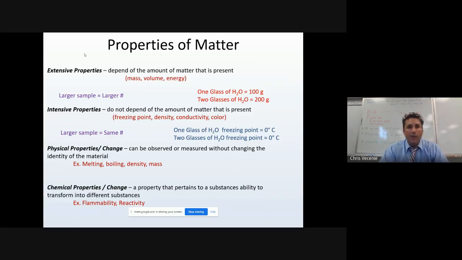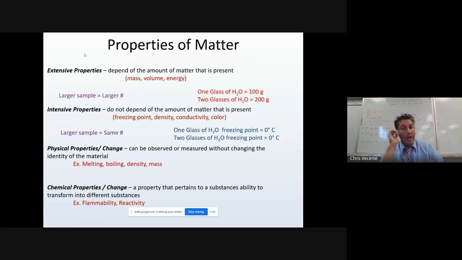For instance, if I gave you a piece of paper and said go record its mass, and you put it on the balance, you would get some number. But if I gave you 10 pieces of paper and you put them on the balance, that number would be bigger. So mass is one where the number value goes up as the size of the sample does.